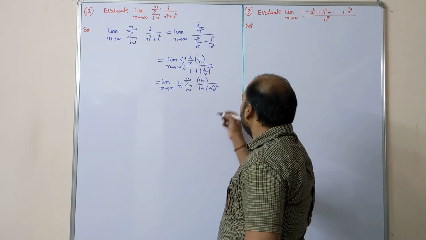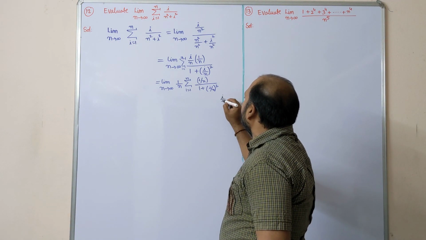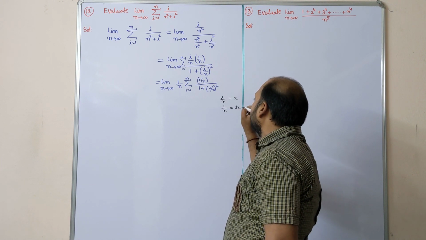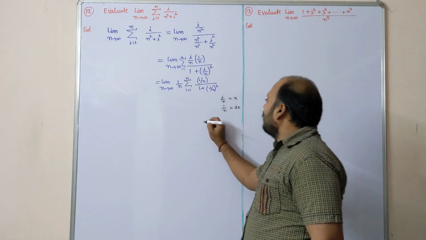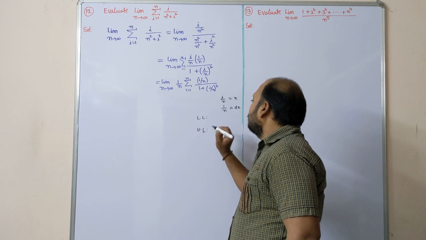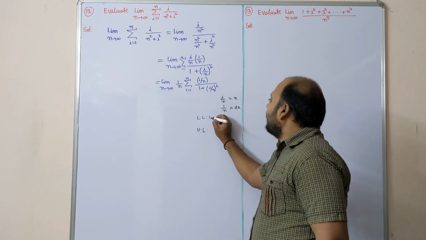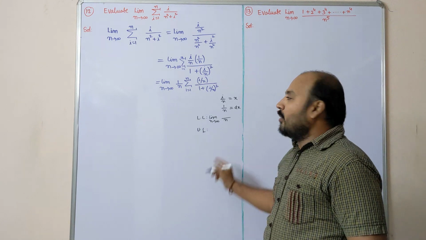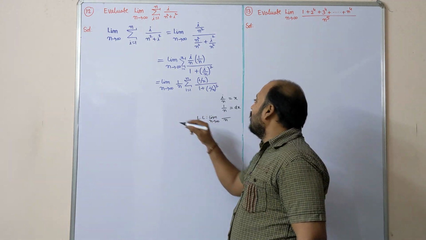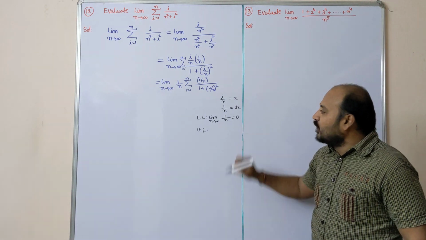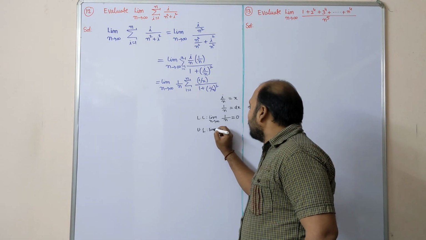After that, our duty is, wherever I by n is there, x, and 1 by n is there, dx. So find out lower limit and upper limit. Lower limit, limit n tends to infinity, total parts n denominator. So initial value of I is 1. Limit n tends to infinity, 1 by n value goes to be 0.